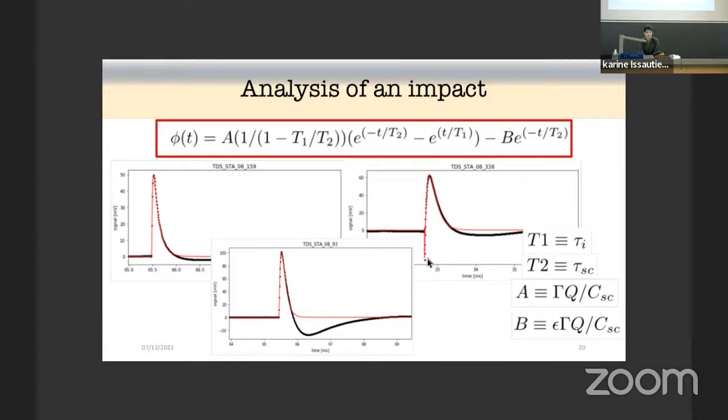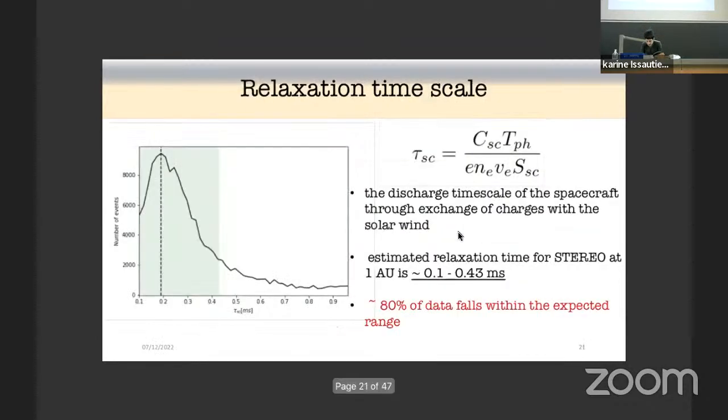It's the overshoot. Sometimes we can have events without overshoot, as in this example. And the ion time is basically this part, and the relaxation time is actually this. What we see here is that fitting works properly, except for those events with a prominent overshoot, but since we didn't take it into account, it's okay. And so we will see what we can obtain from the results.